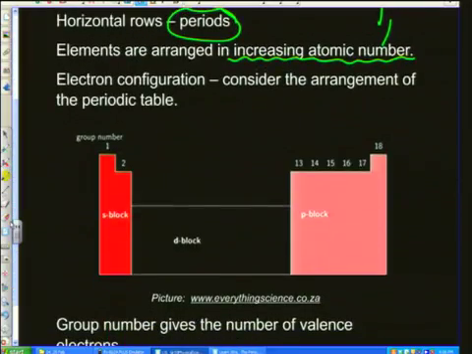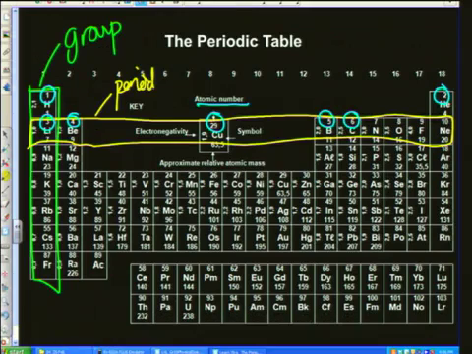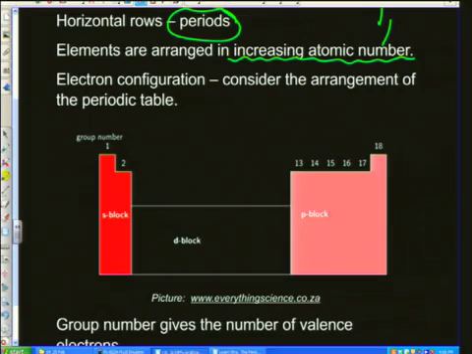Then I want us to consider electron configurations. Consider the arrangement of the periodic table. And I want to go across here and just pick up a few of these for you. So I'm going to start with hydrogen at the top. It's got 1 proton, so let's write it there. Hydrogen's electron configuration would be 1s1.